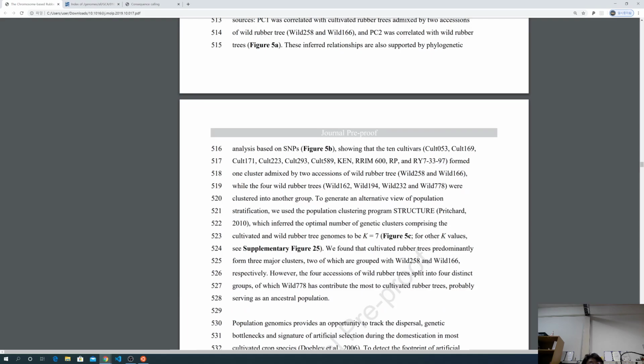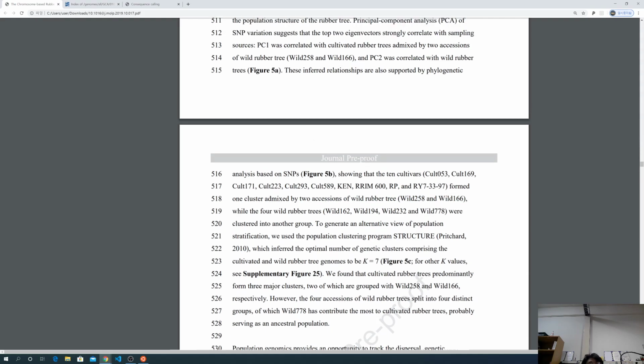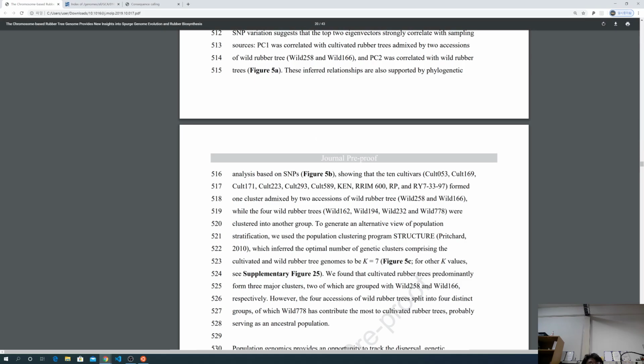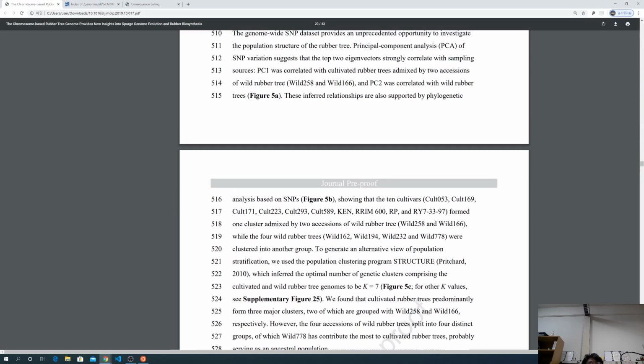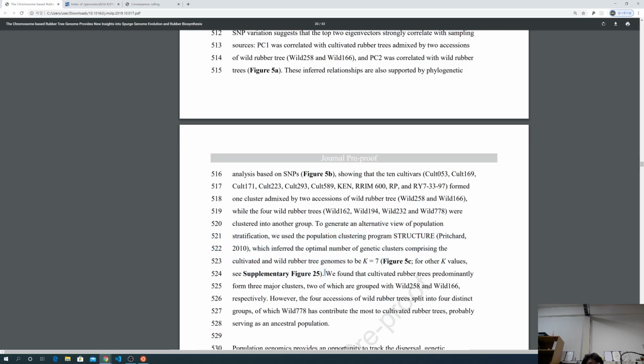So, okay, two accessions of wild rubber tree formed one cluster, admixed. But they didn't say anything about it. We found predominant from the major cluster, two of which are grouped with this one.